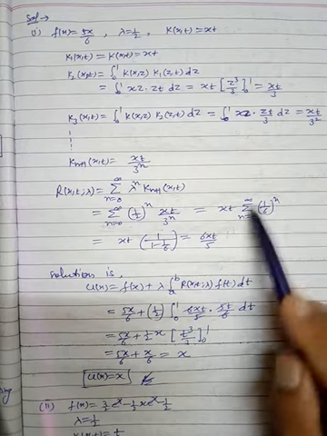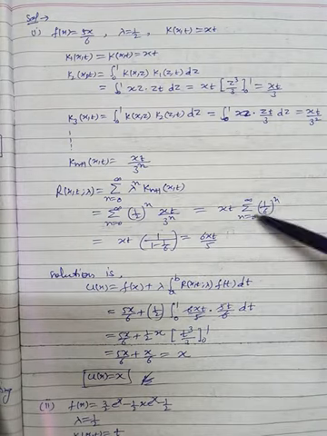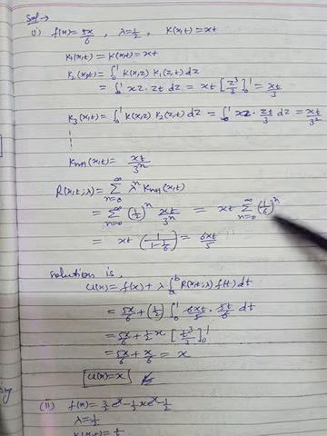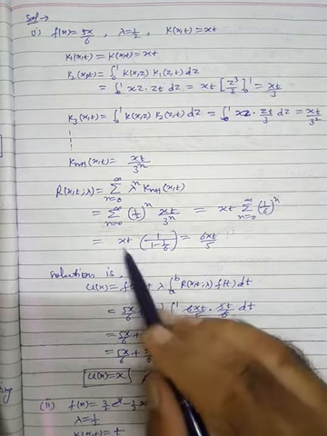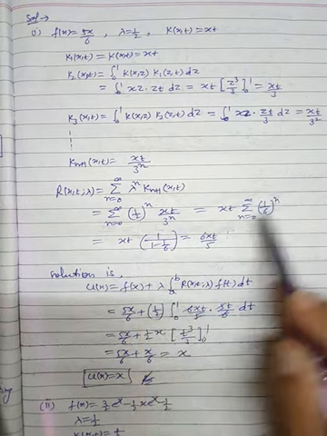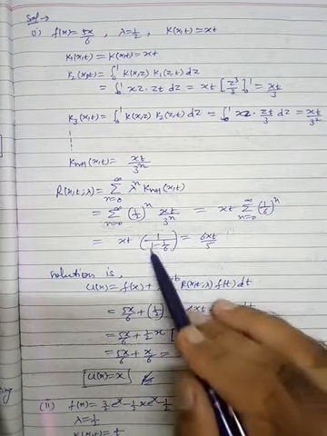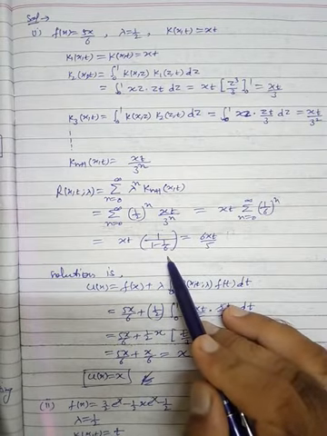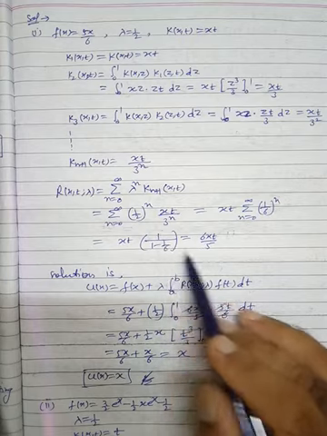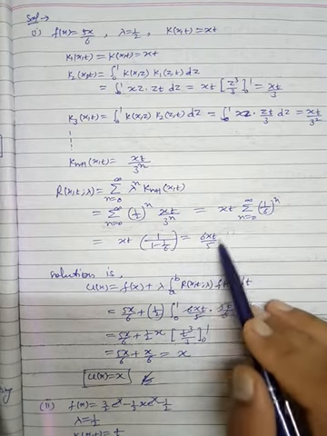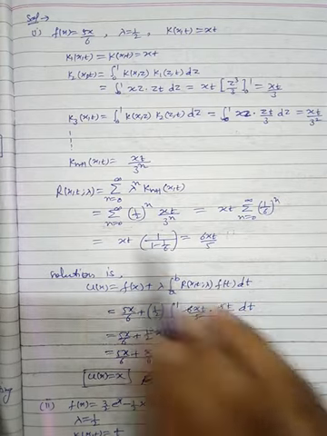This is a geometric series, having infinite terms with ratio 1 by 6. So the sum of this series will be 1 upon 1 minus 1 by 6. Fine. And then after solving, this is 6xt by 5. So this is the resolvent kernel.